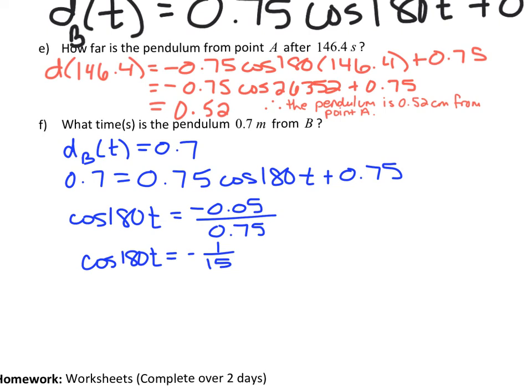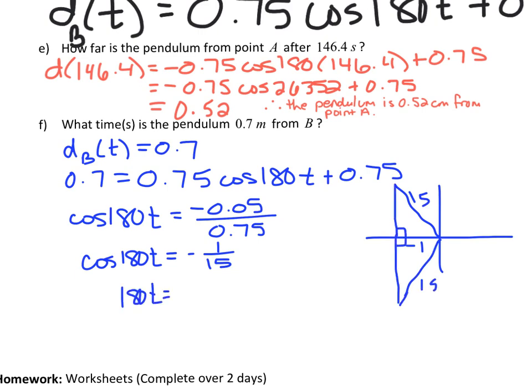So what that tells us is that it's going to be in quadrants 2 and 3, with x as negative 1 and y as 15. The negative tells us that it's in quadrants 2 and 3.